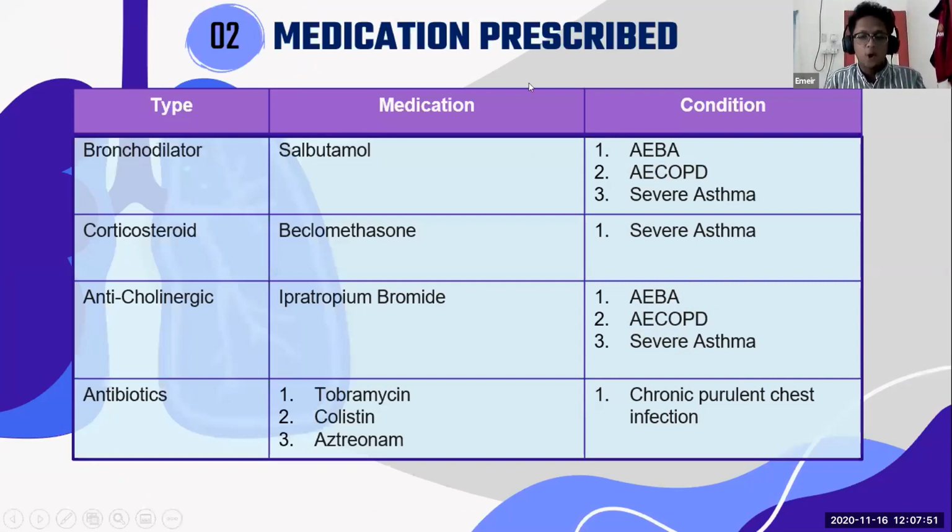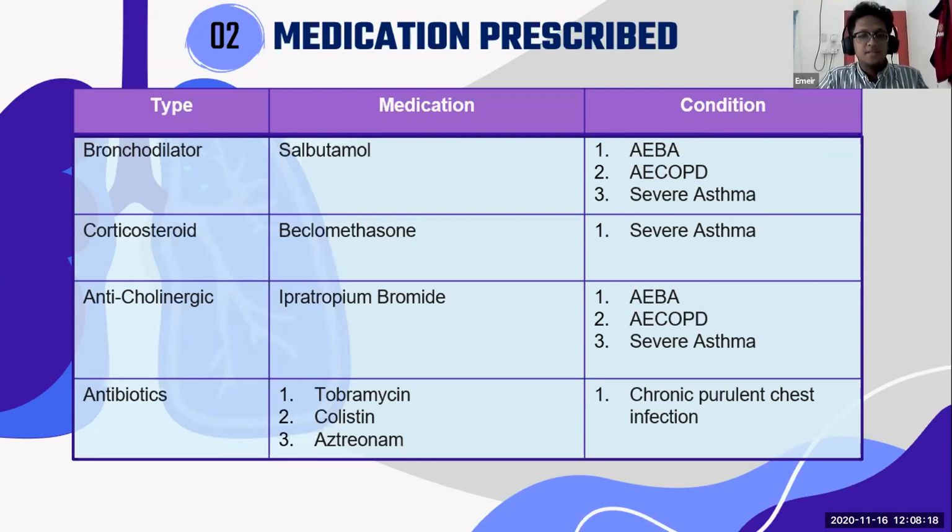So what are the common medications that are usually prescribed through nebulization? Firstly, bronchodilators, such as salbutamol, which is indicated for acute exacerbation of bronchial asthma or acute exacerbation of chronic obstructive pulmonary disease and also severe asthma. Next is corticosteroid, such as beclomethasone, which is indicated for severe asthma.